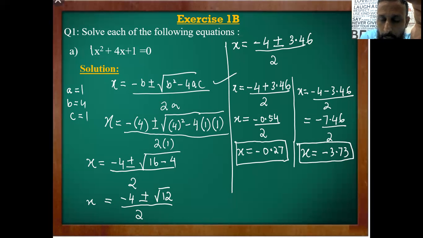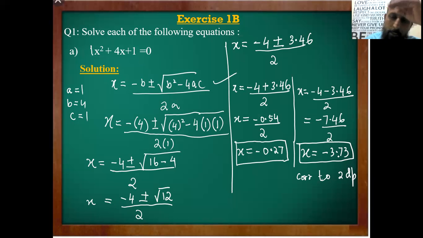So both our answers are correct to two decimal places, right, boys and girls? Correct to two decimal places. So this is the solution of the given quadratic equation by using the quadratic formula. I hope this makes sense to you guys.